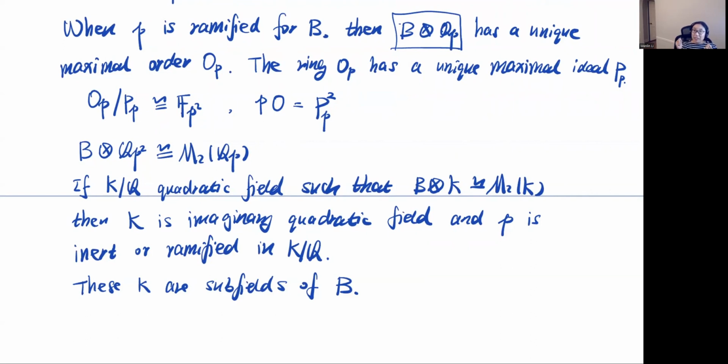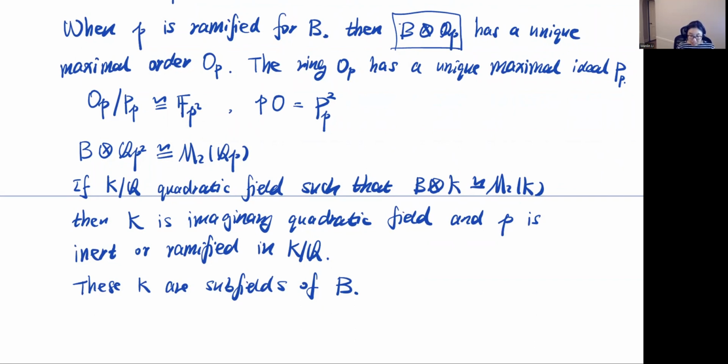If I take an element in B that is not rational, then Q adjoined this element will be a field extension, and it will always be a quadratic field extension, which gives a subfield inside B. B itself is non-commutative, but if I adjoin a single element, I get a subfield of B, a 2-dimensional Q vector space, a quadratic field.